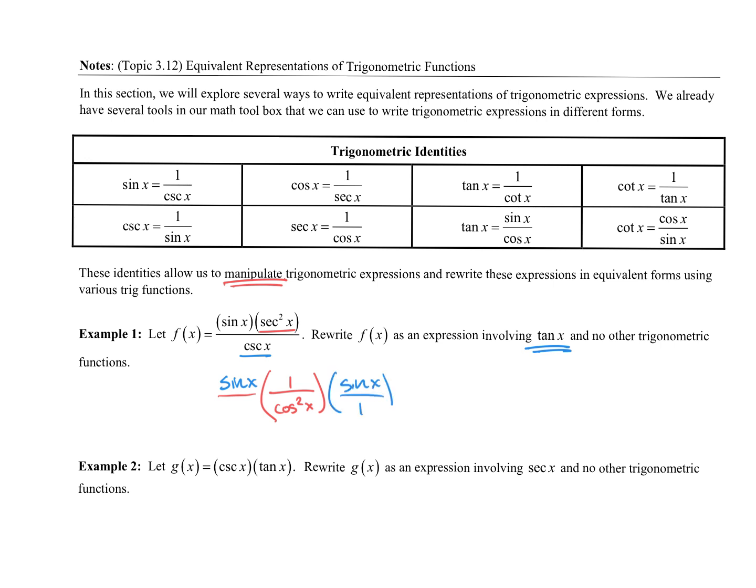And so that's how we're rewriting and manipulating the way this looks. We're just multiplying across. So what's in my numerator now? Sine what? Sine squared x. It's sine x quantity squared. And then it's over what? Cosine squared. And so what is sine over cosine?